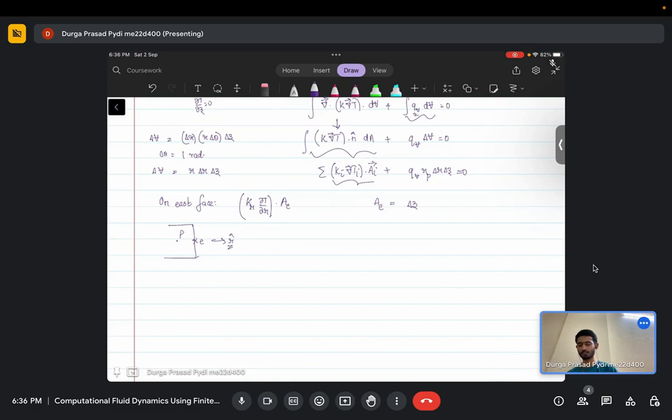So along r cap direction, your area vector will have some component corresponding to theta and some component corresponding to z. So this is what you are calling delta z, and there should be one term corresponding to theta. Only if you take the element value of theta times z, you will get the area vector along r cap, right?